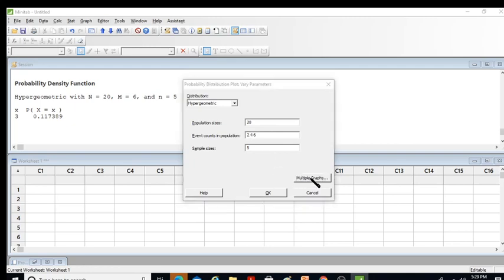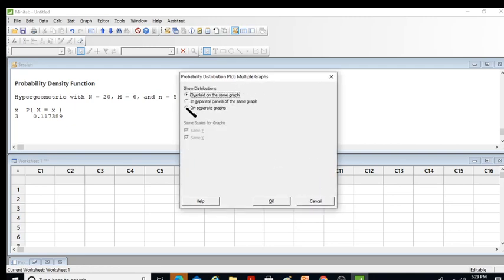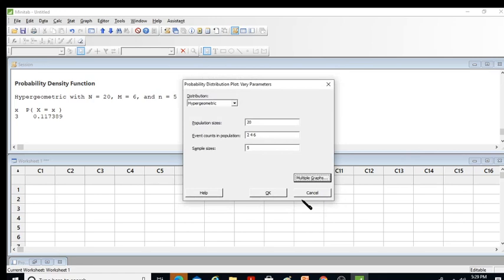If I want it on separate graphs, then I will show you how to use the layout editor once you have separate graphs. I just click on OK. For that, I will be able to get graphs for different values of 2, 4 and 6, if there are 2 red balls or 4 red balls or 6 red balls.